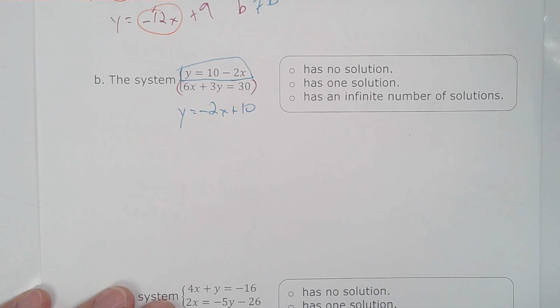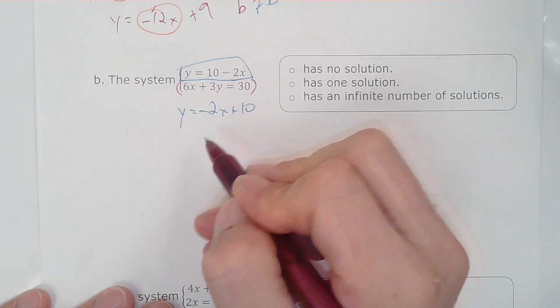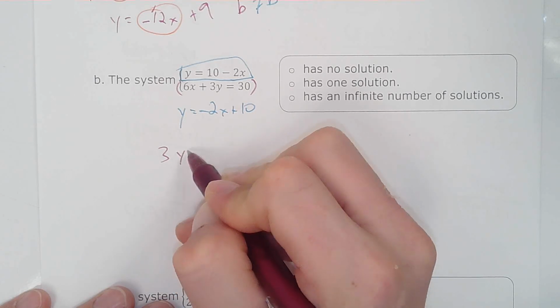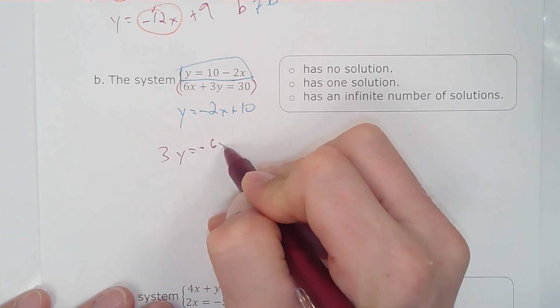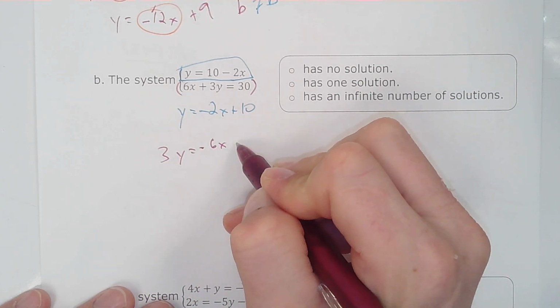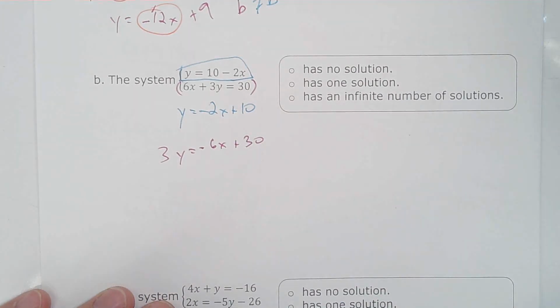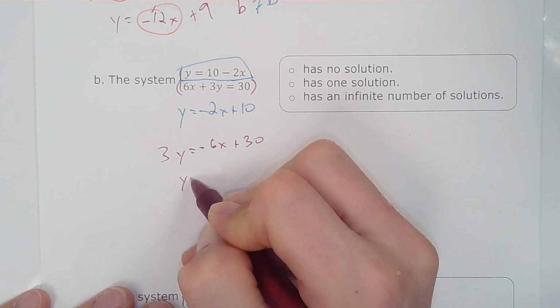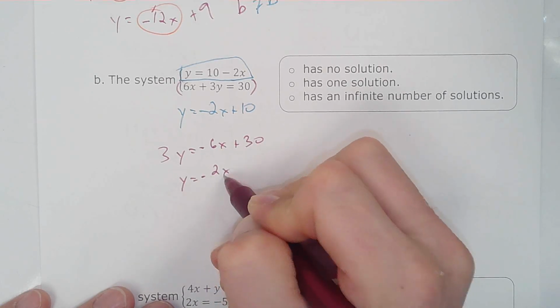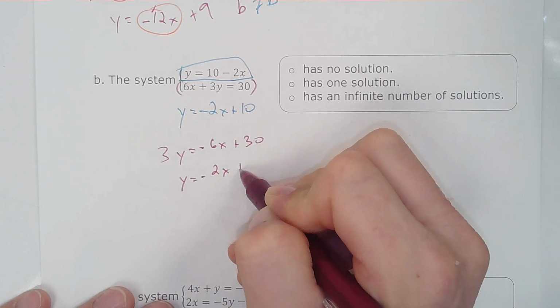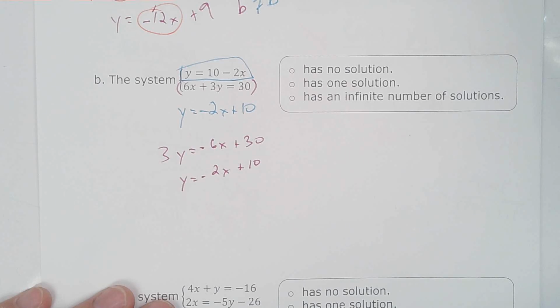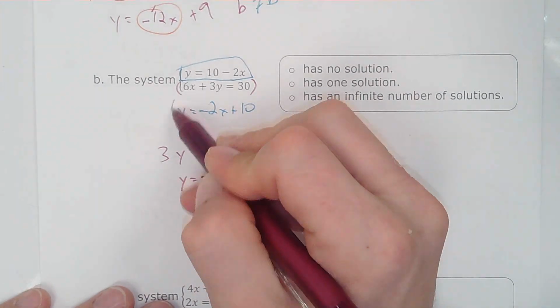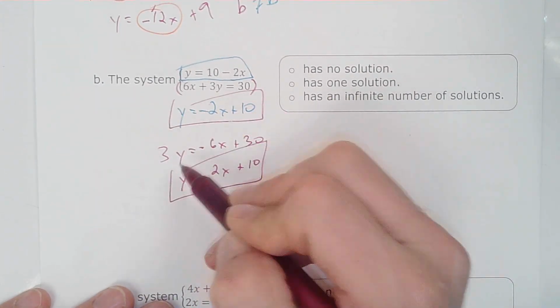I'm going to move the x to the other side. 3y equals negative 6x plus 30. Divide both sides by 3. Y equals negative 2x plus 10. Hey, look, they're the same equation.